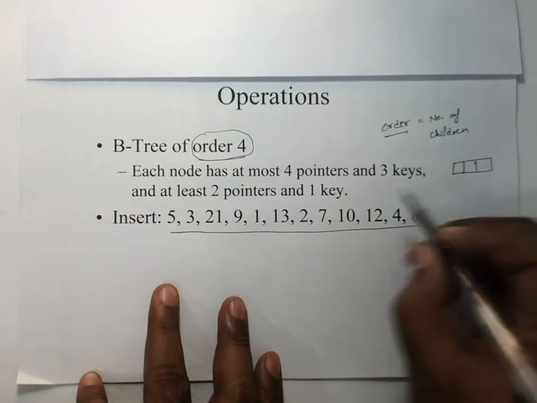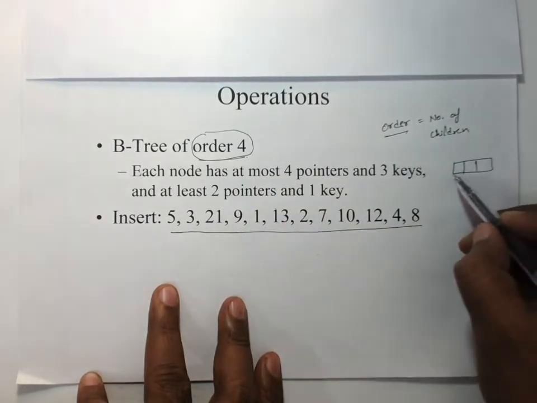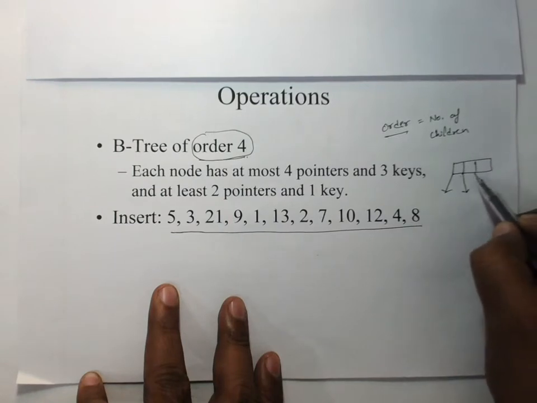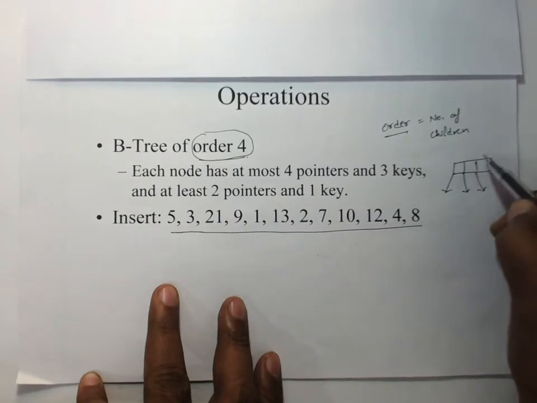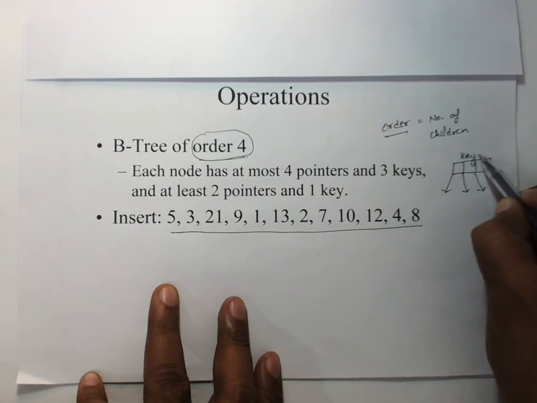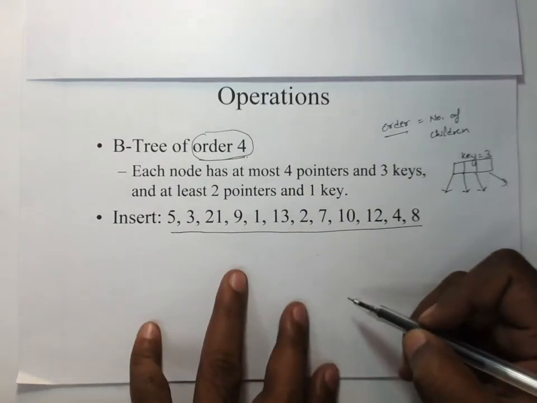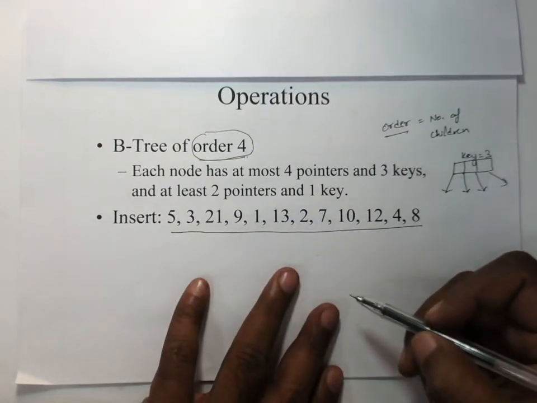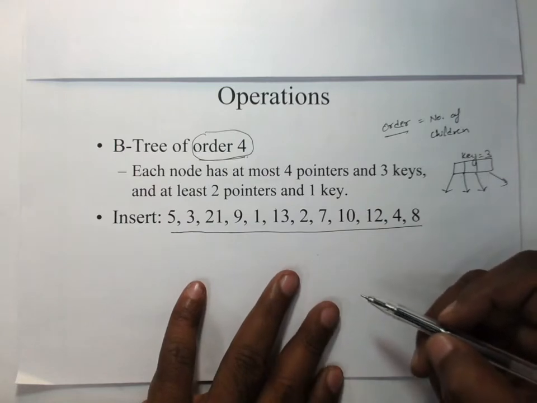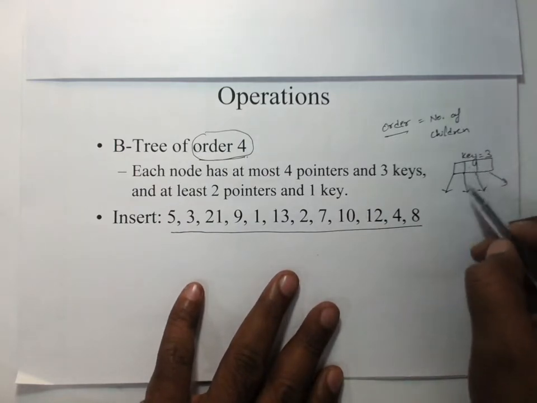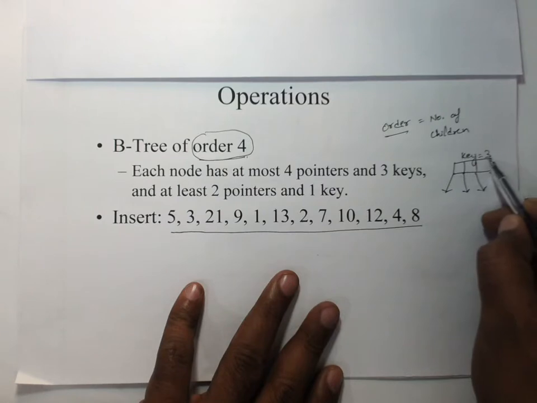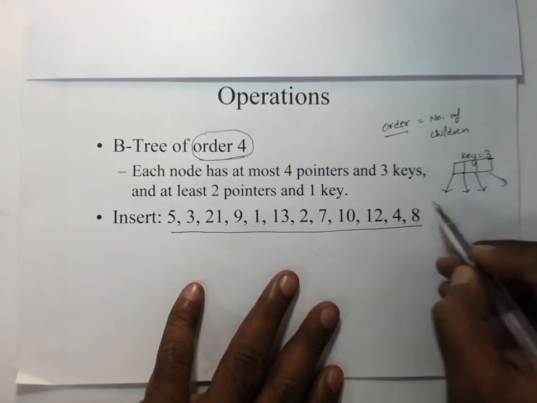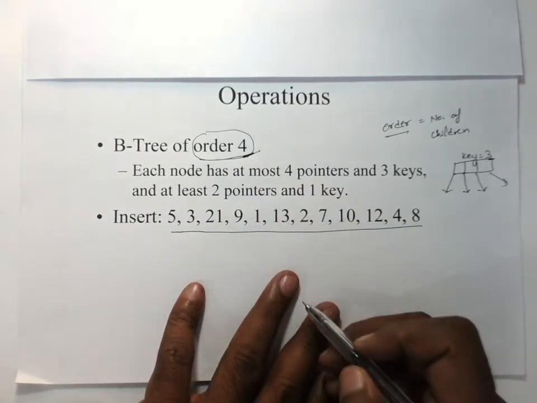So if order 4 is given, there will be 4 children, and the number of key values that can be stored is t minus 1, where t is the order, so the key count is 3. Clear? So in a particular node, the maximum number of key values that can be stored is 3 and the number of children should be 4 according to the question.